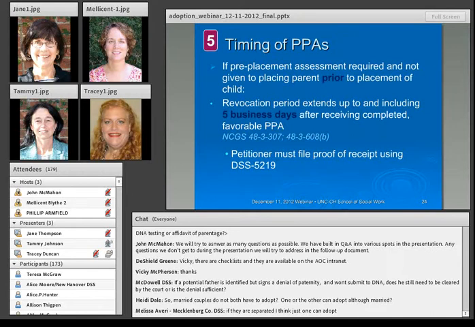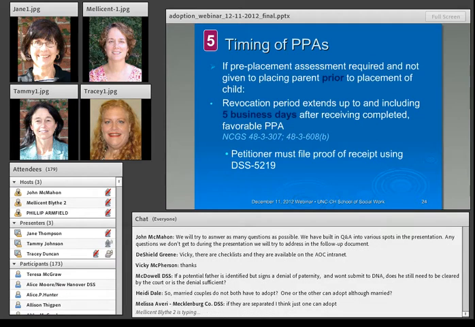And timing of pre-placement assessments, this is another scary scenario. It usually happens in independent adoptions, usually when direct consent's been given. But if a pre-placement assessment is required and not given to the placing parent prior to placement of the child, revocation is open and extended until they are served with that pre-placement assessment, and then the placing parent is given 5 additional business days to revoke their consent.